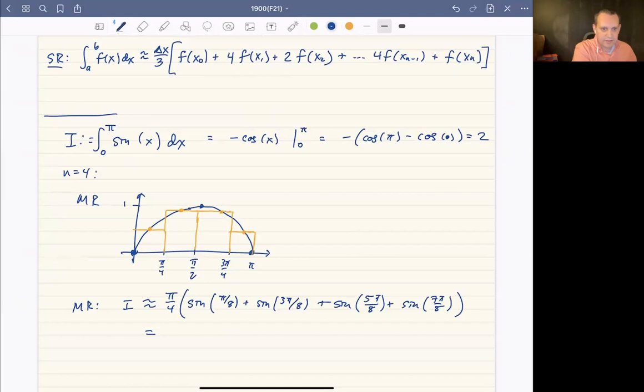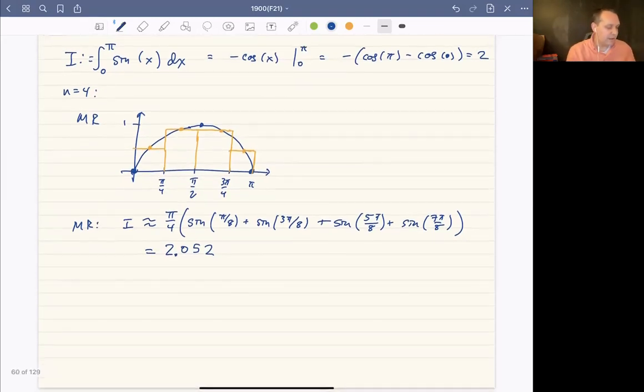And that will give us about 2.052, something like that. Let's just go to 3 decimal places. So we're off by about 0.05, which is pretty good. So that's the midpoint rule.